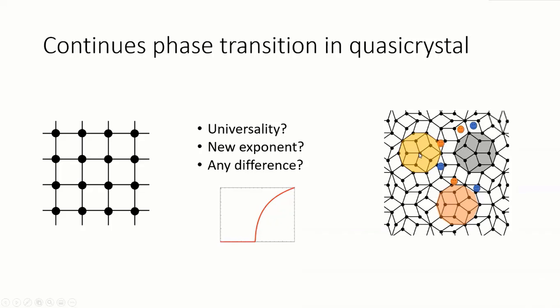Then the question is, which length controls the distinguishing of different patterns? We know that in continuous phase transitions there is a length that diverges, which we call the correlation length. So we want to know whether this length changes the universality class, or introduces new exponents in quasicrystals or not.